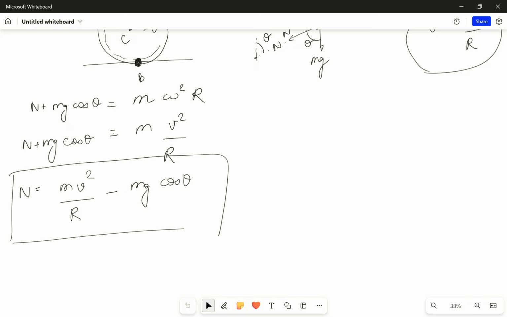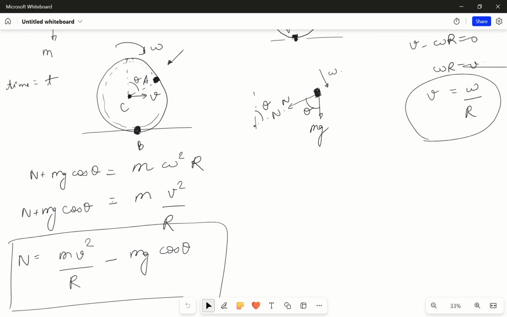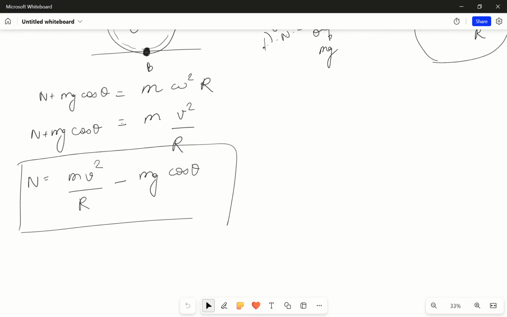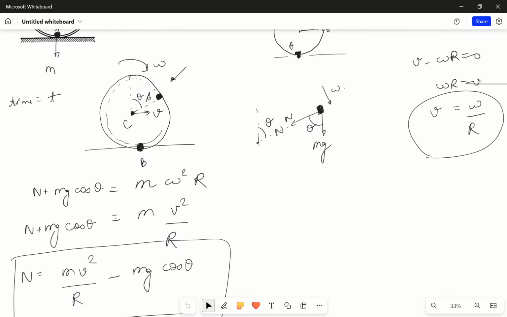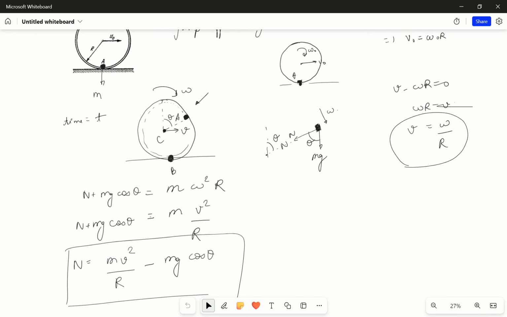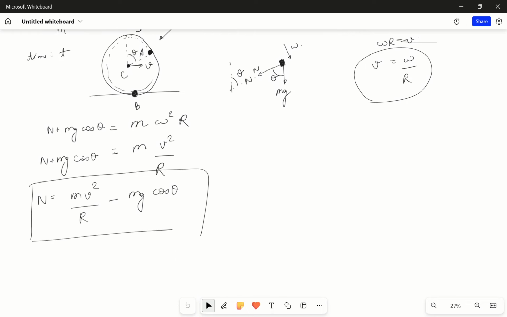Now we will be analyzing this equation, and let's try to guess what would be happening if this motion is continued, right?